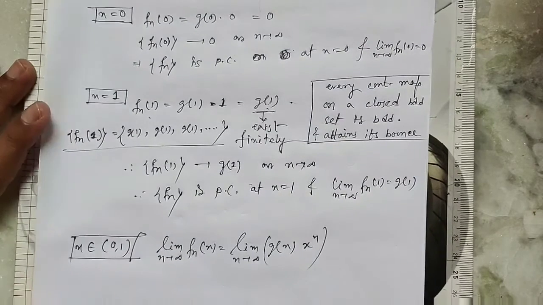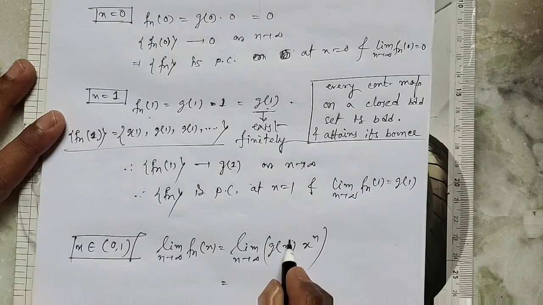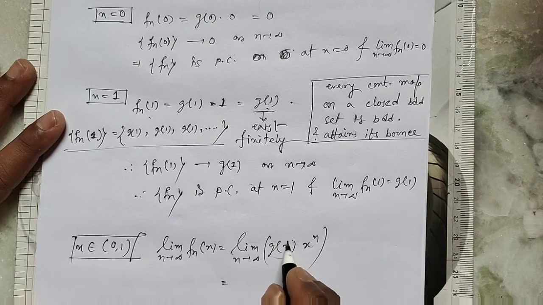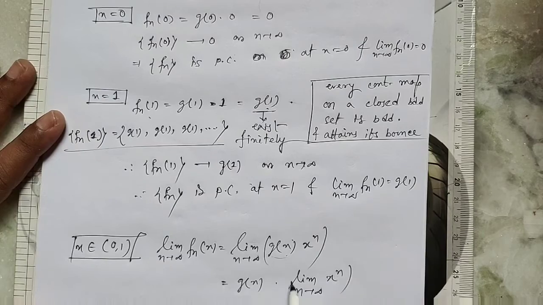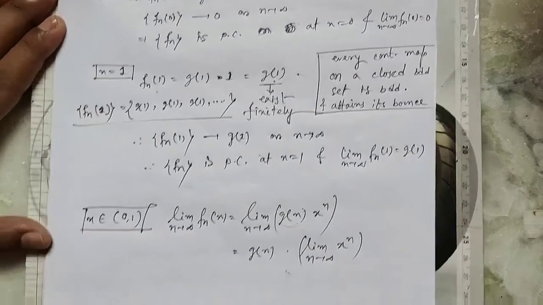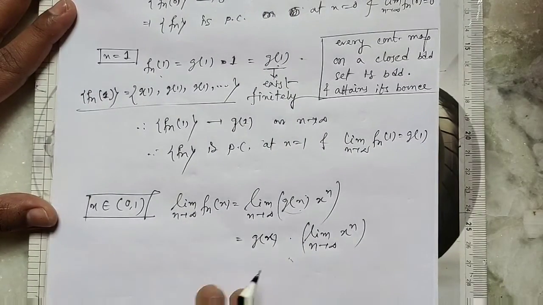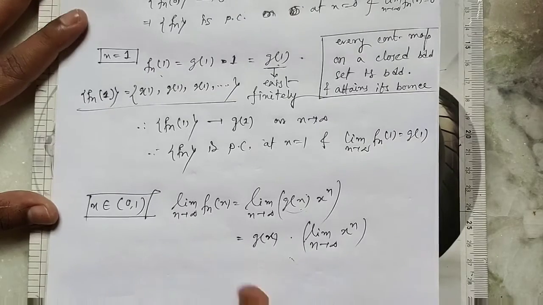Okay, so g(x) is independent of n. So this is equal to g(x) times limit n tends to infinity x to the power n. Okay, clear?